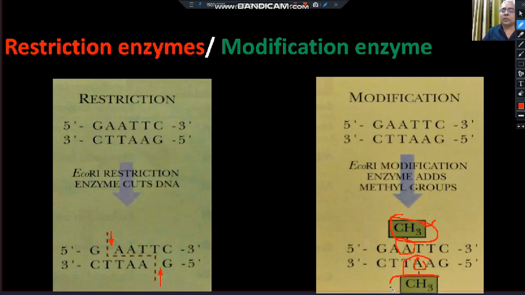As a result, now the restriction enzyme cannot detect this GAATTC sequence, and so the restriction enzyme will be ineffective. तो इस तरीके से अपने होस्ट जीनोम को रिस्ट्रिक्शन एंजाइम के द्वारा डाइजेस्ट नहीं किया जा सकता, जबकि जब ये कोई फॉरेन डीएनए इन्वाइट करता है उसमें यदि ये सीक्वेंसेस मॉडिफाइड नहीं है, मिथाइलेटेड नहीं है, then the restriction enzyme will destroy those DNA sequences.